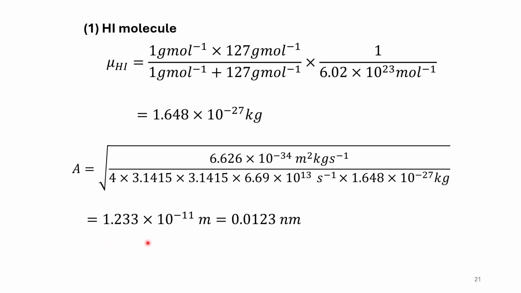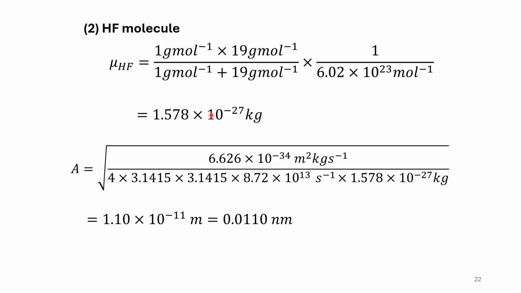You will get the value here and it can be converted into the unit of nanometer. Similarly, you can do the same thing for the hydrogen fluoride molecule. So you will get the value of the maximum displacement, or the amplitude, for the HF molecule during the vibrations at the ground state.